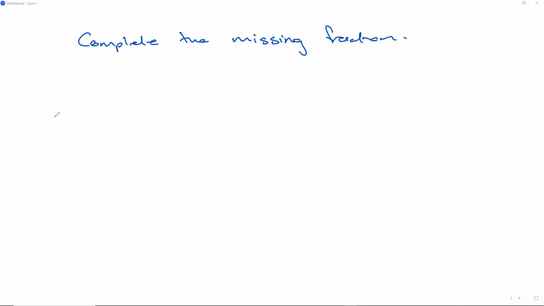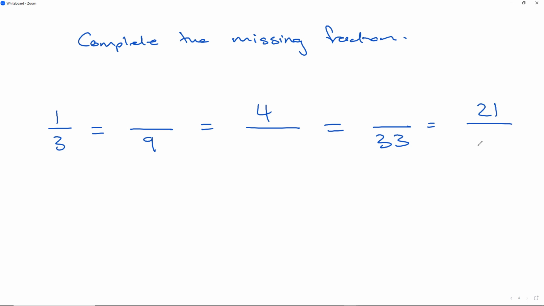All right, so if I've got 1 over 3 is equivalent to C over 9, it's equivalent to 4 over D, which is equivalent to 33 over E, which is equal to 21 over F. Let's suppose you want to find each of these letters, okay? I'm going to call this one C, and then D, E, and F. What will C equal? What will D equal? What will E equal? And what will F equal for each of these?